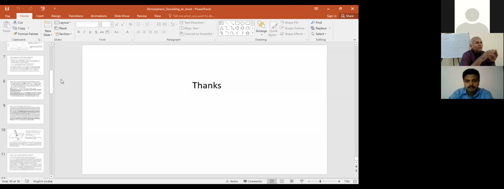When we determine the temperature profile, because carbon dioxide is uniformly mixed and I know its mixing ratio, I know all its absorption characteristics. The only thing I don't know is the temperature profile.